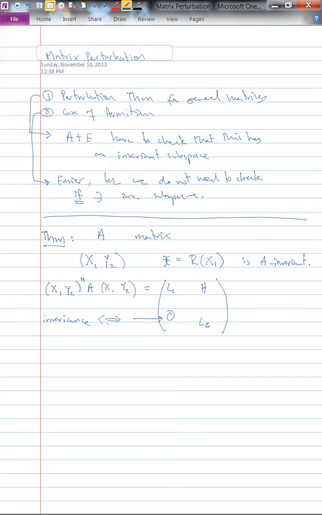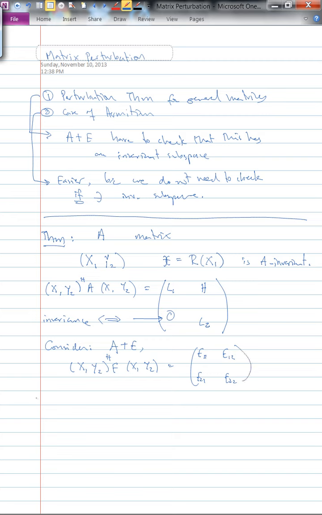So what happens once we add a perturbation? Suppose that we add a perturbation E, A plus E, where E in the same basis is just going to be E11, E12, E21, E22.